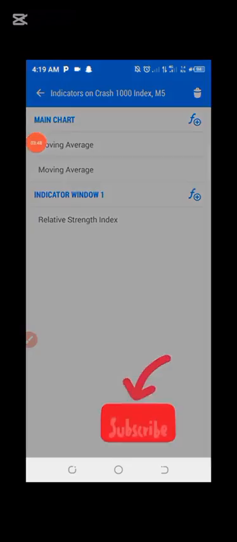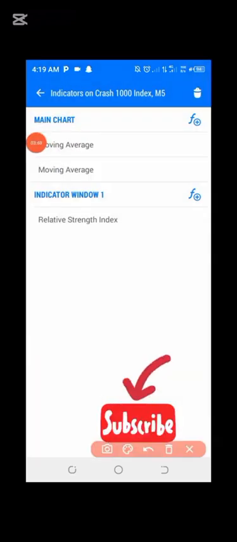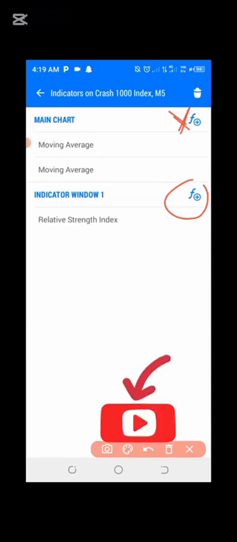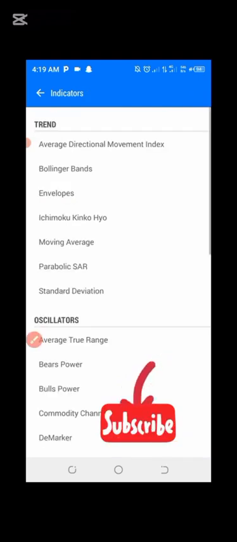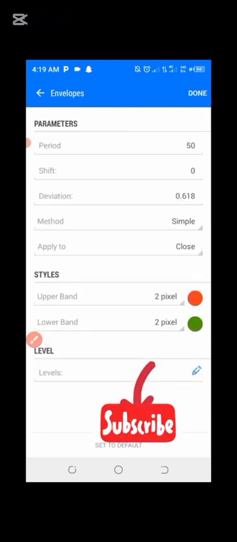Then we are using this F plus here, not this one. You click on this, then you add our major indicator, which is our envelope strategy. The period is 50, the shift is 0, deviation is 6.18, method is simple, apply to close.